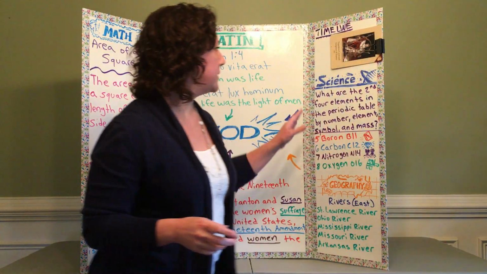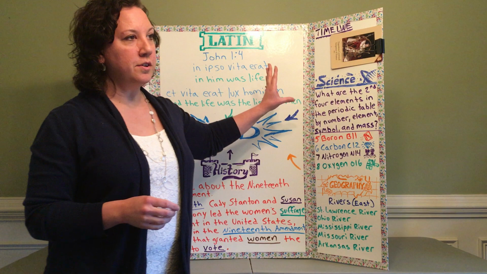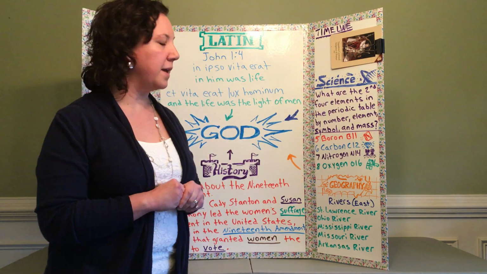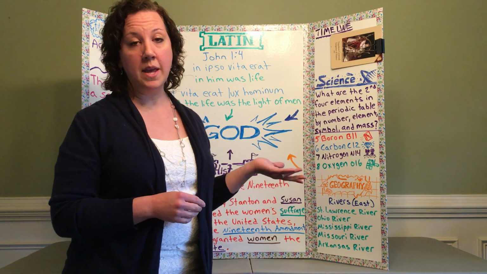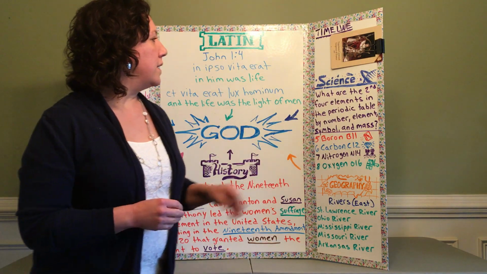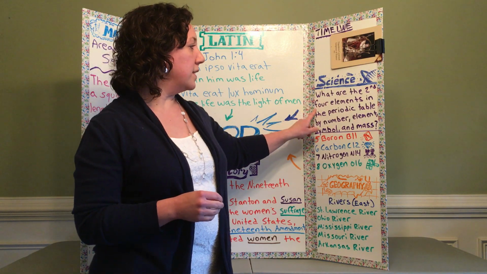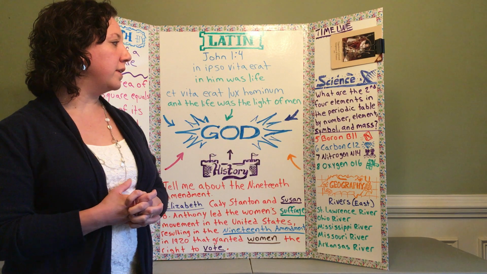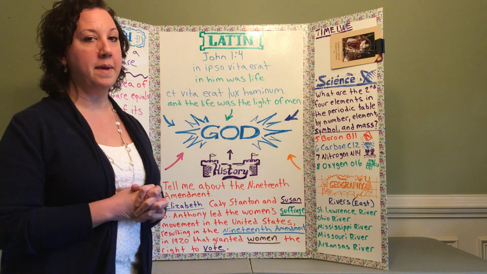Okay, science this week, there are 2 songs that your family can pick from, and Miss Brandy will post them in our week 17 playlist. We're doing the second 4 elements in the periodic table by number, element, symbol, and mass.